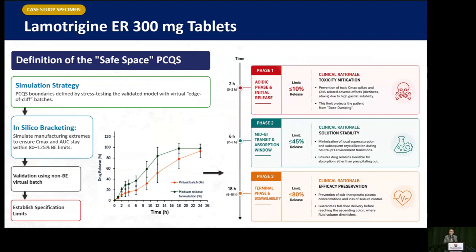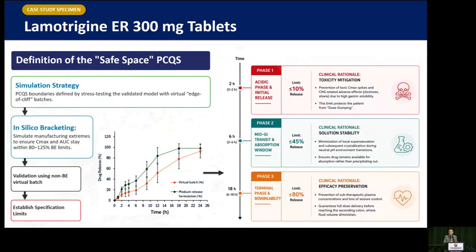So we have used virtual patches and simulation runs to define the stress testing of the validated model, using virtual edge-of-cliff patches, which are defined by the failure in AUC and Cmax at the boundary of acceptability, ranging from 80% to 125%.